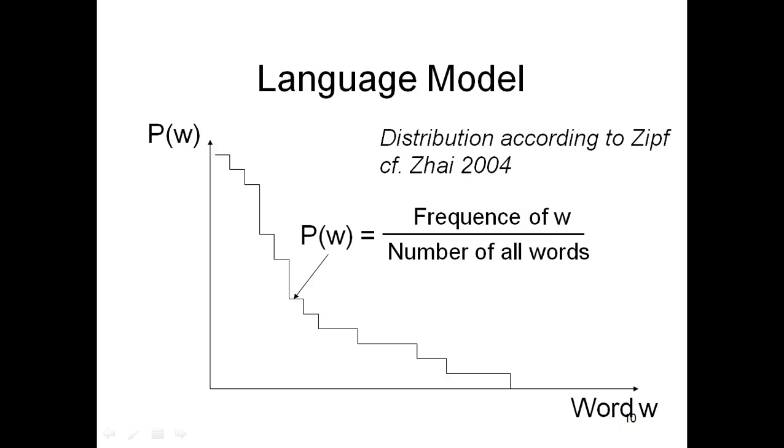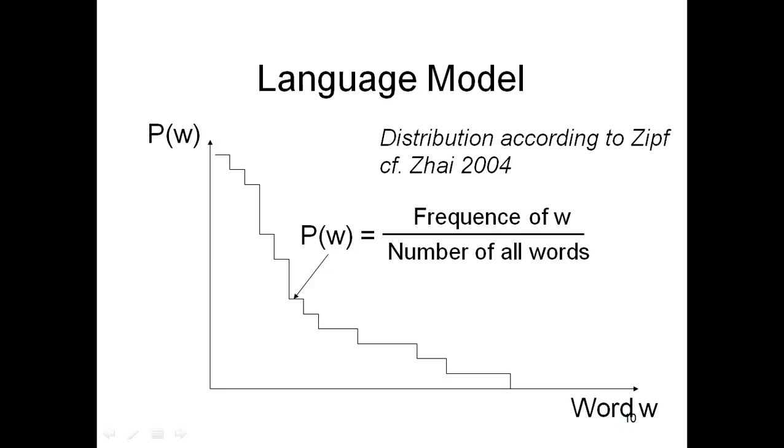Basically, this is a language model. It's simply the frequency of the words in a collection or in one document, ordered by their rank, and we had their frequencies here. Basically, frequencies transferred into probabilities by dividing them through the number of all the words in one document or in one collection.